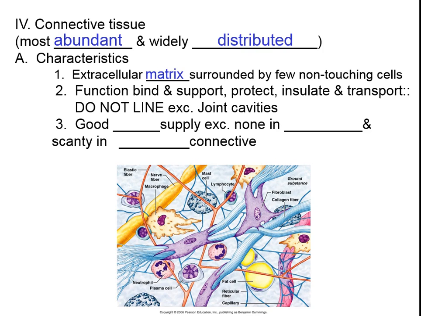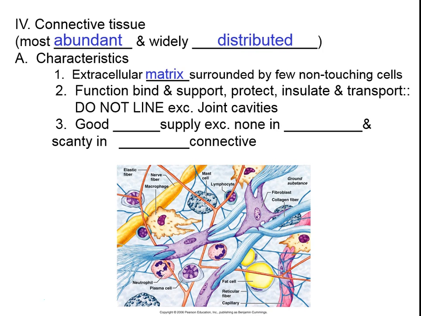In blood, that matrix is plasma. It's actually almost water. In cartilage, that matrix is almost a plastic-like substance. So we vary from one connective tissue to another by varying the matrix that's in between the cells.